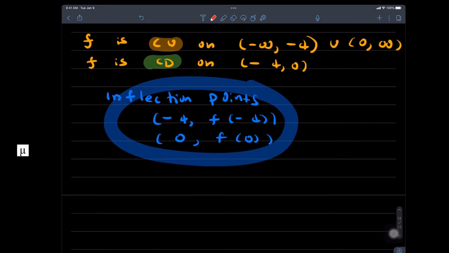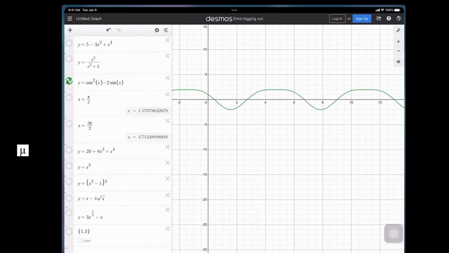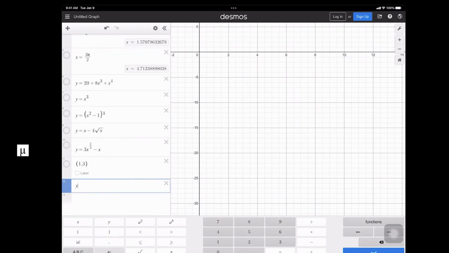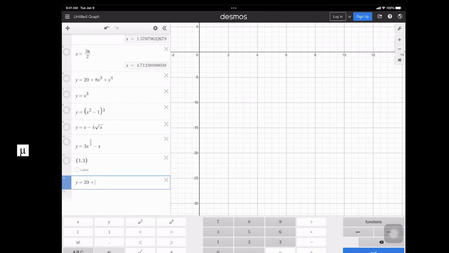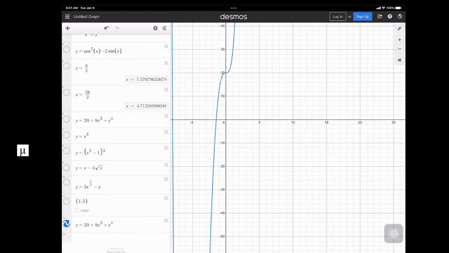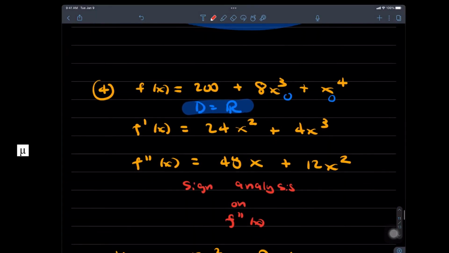I want to look at decimals, but I want to remember what this function is. 200 plus 8x cubed plus x to the 4th. Was that plus 8x cubed? Do you guys remember what the rest was? Was it minus x to the 4th? Plus, okay. Was it plus and plus, I guess? All right. Let me go back. Okay.